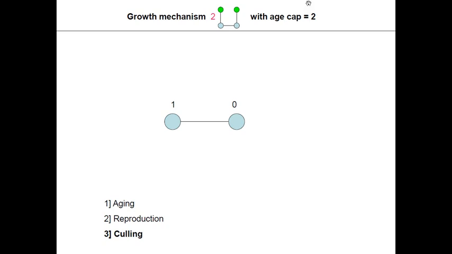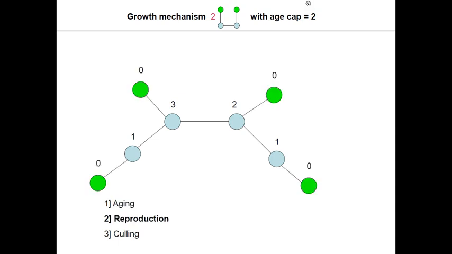As I've already said, an update just consists of giving every vertex an age 0 offspring and increasing the age of every other vertex. So let's update this system. Every vertex gets one step older, and then they have an age 0 offspring.